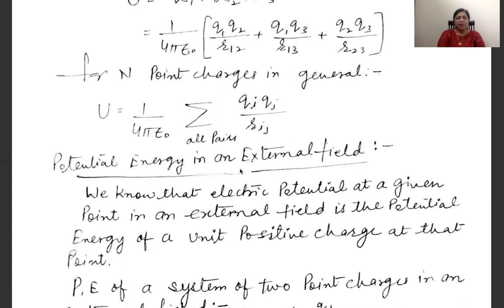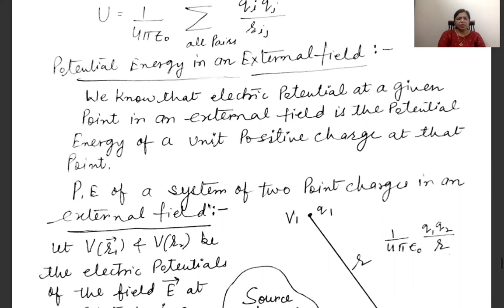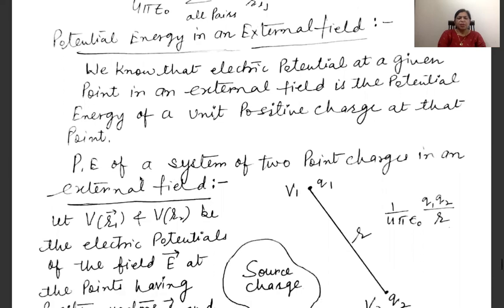Now, if you are having an external field and you are to calculate the potential energy, if there is an external field, there must be some electric potential at a given point because of that field. So by using that value, we will calculate the potential energy possessed by the system.